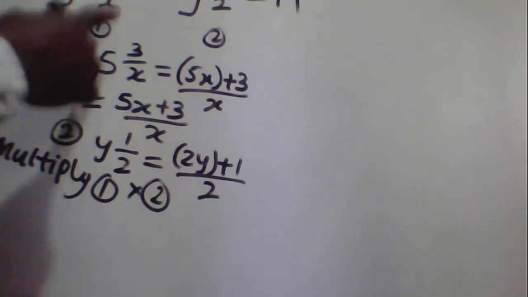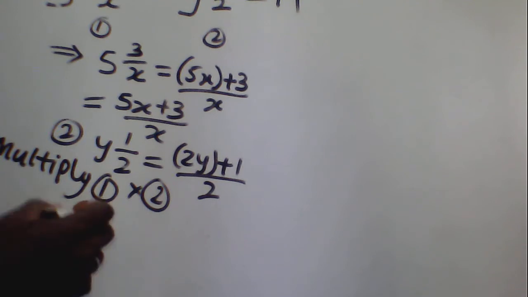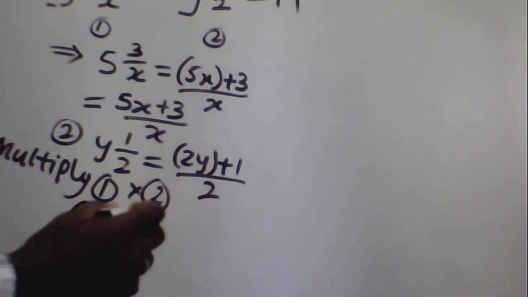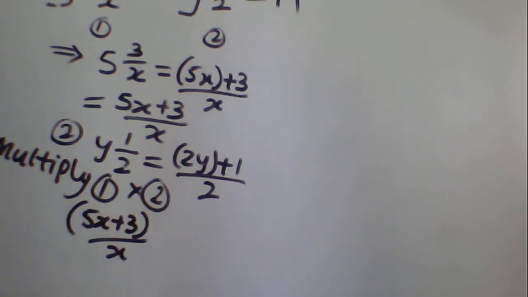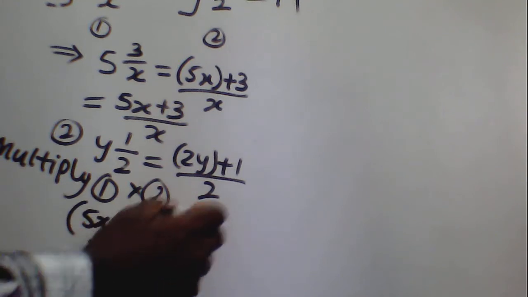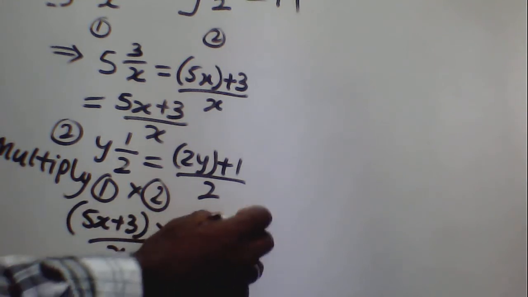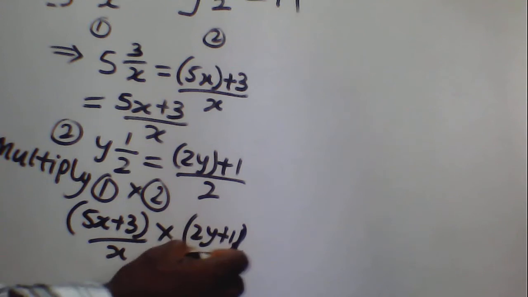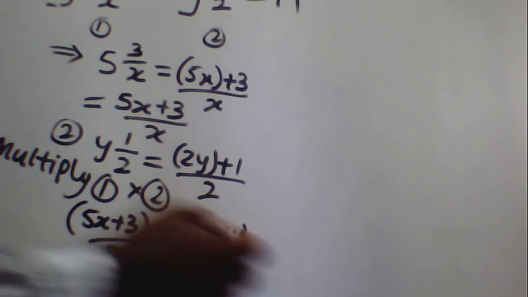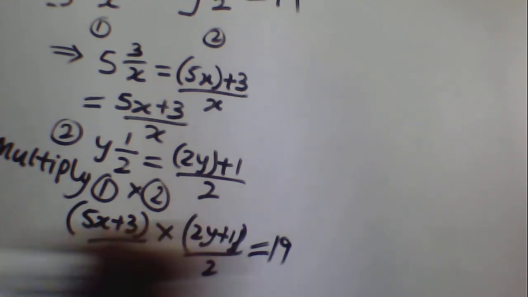You do the multiplication. So here we have 5x plus 3 over x times 2y plus 1 over 2. So this will be equal to 19.